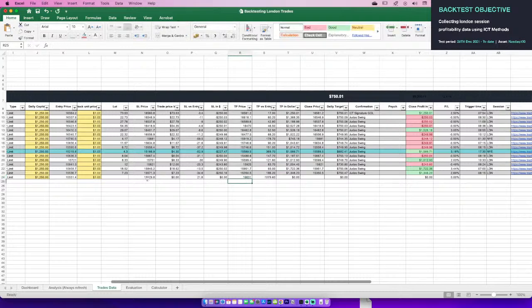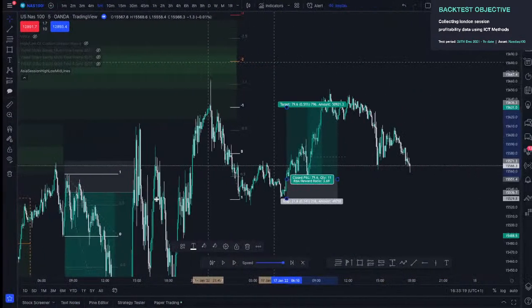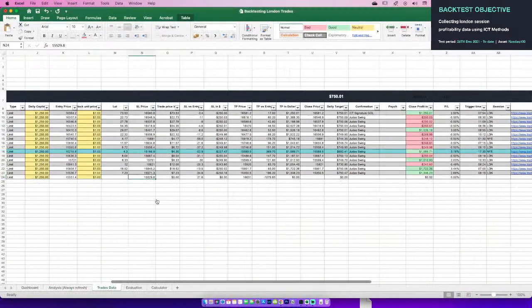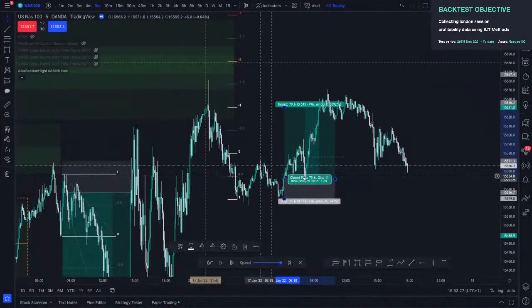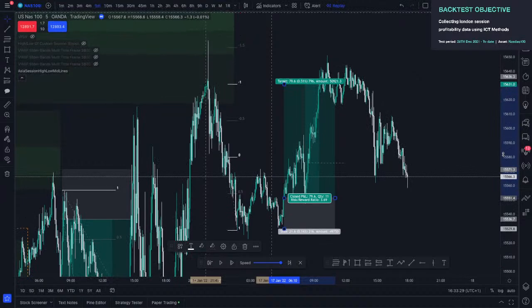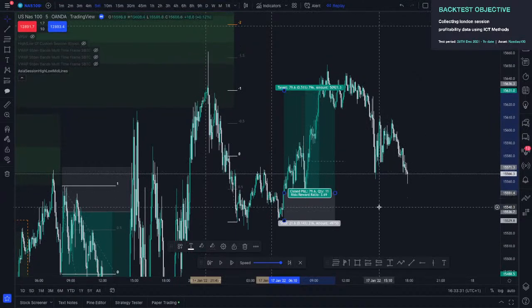And the stop loss. Ugh, something is wrong again. What have I done wrong? 15551.4.